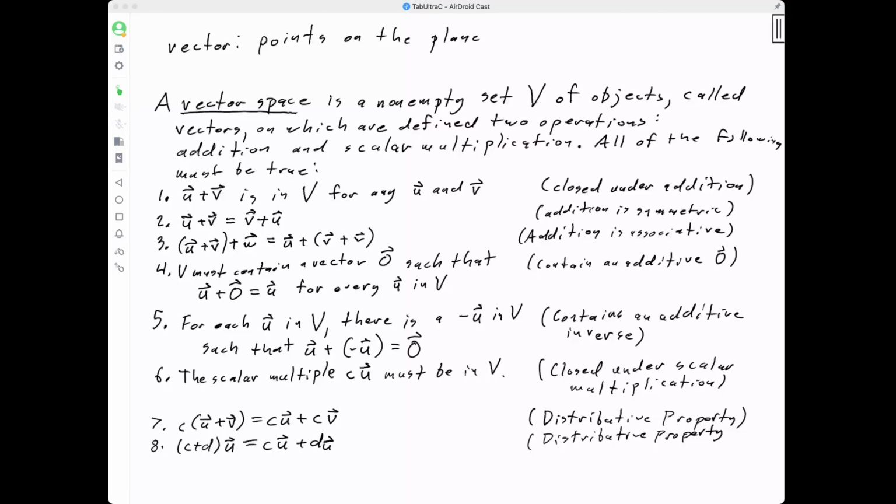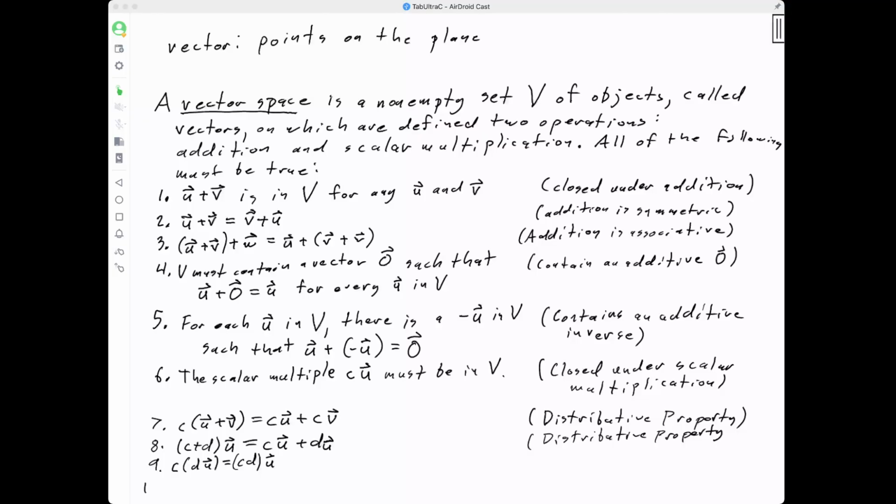The ninth one is that c times d u has to equal c d times u. Sorry, that's really more of an associative property.